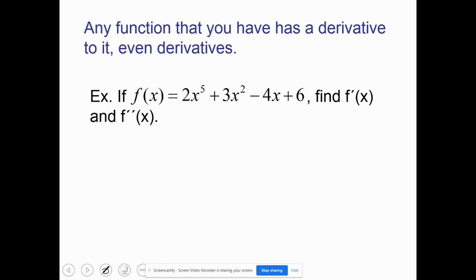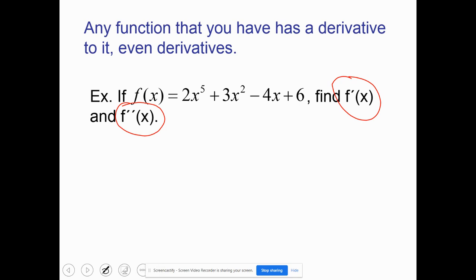So if you think about this following function, if f of x is equal to 2x to the fifth, and you've got the other terms there, I'm looking for you to tell me what f prime of x is, and what f double prime of x is. So the single prime here means the first derivative. That we kind of already know. If you have two primes in there, it means the second derivative.